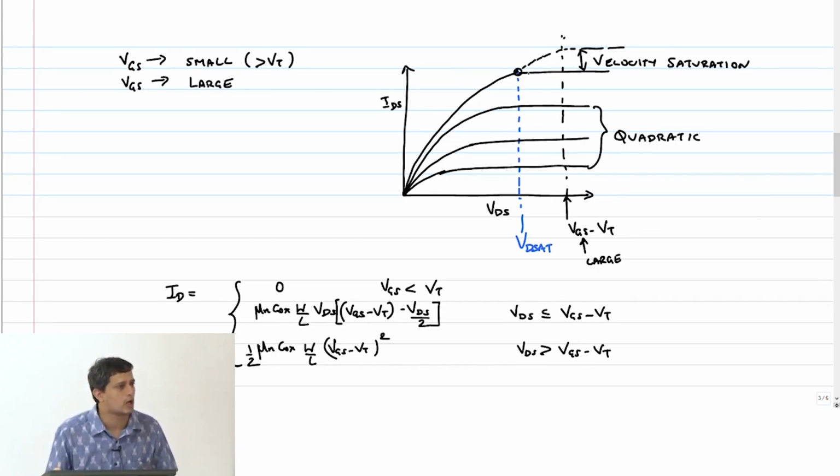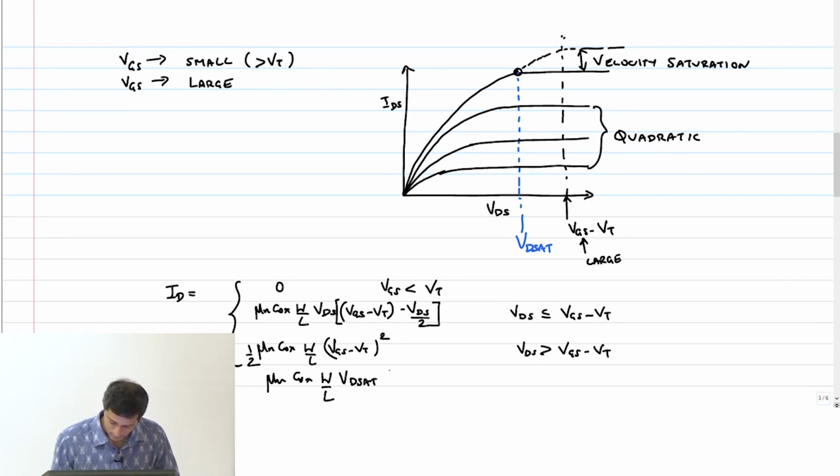It cannot go beyond that. So this will become mu n C ox W by L into VD sat into VGS minus VT minus VD sat by 2.